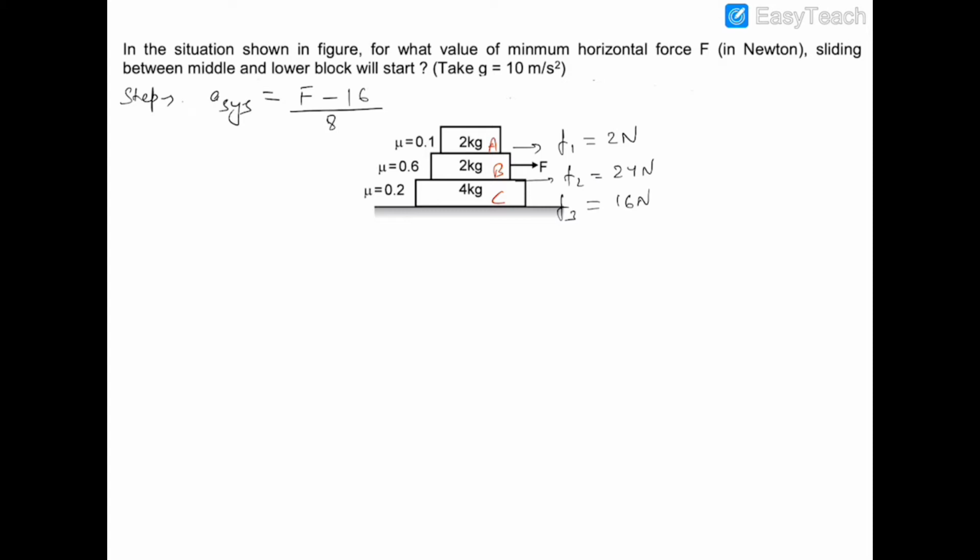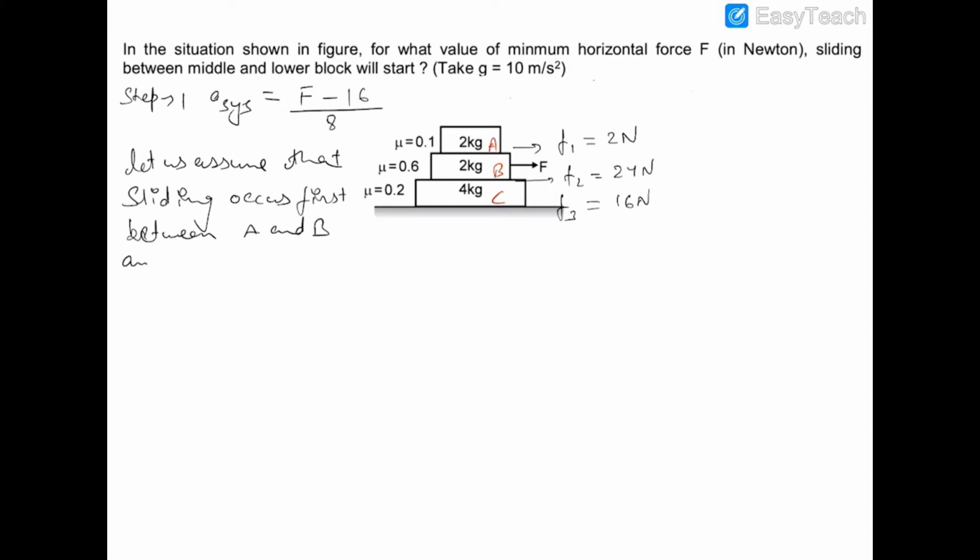After that we have to assume that sliding occurs first between A and B and B and C moves together.